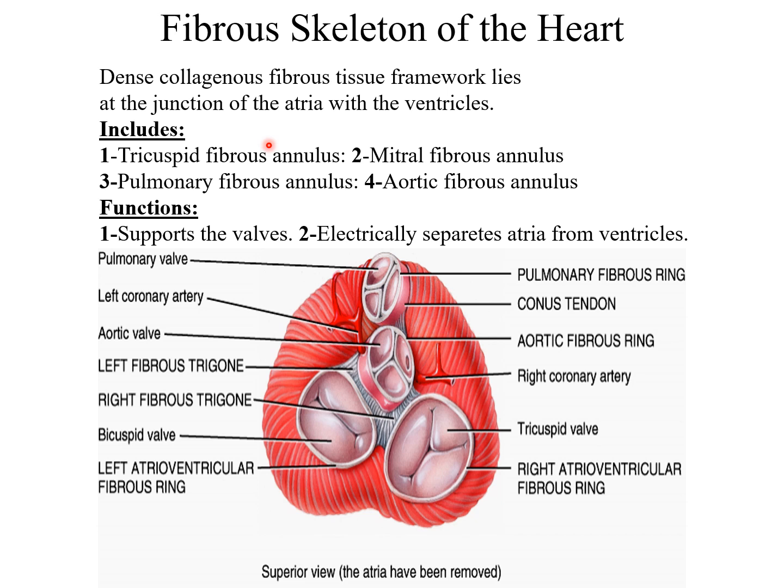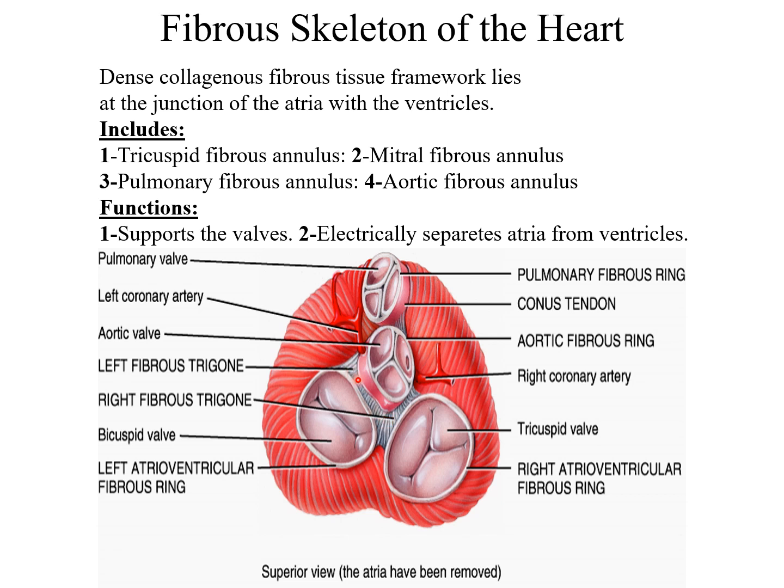Dense collagenous fibrous tissue framework lies at the junction of atria with the ventricles. So these are fibrous trigones, which are present between the aortic and bicuspid valve, known as the left fibrous trigone, and between the aortic valve and tricuspid valve, known as the right fibrous trigone.